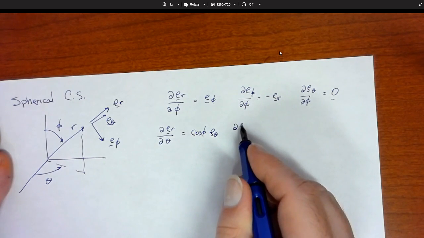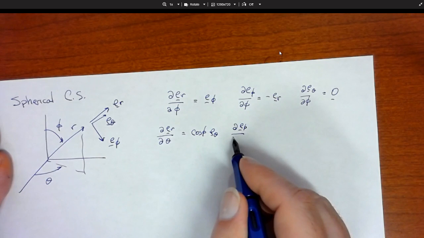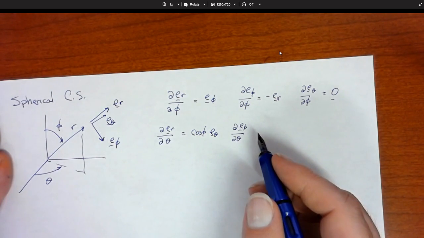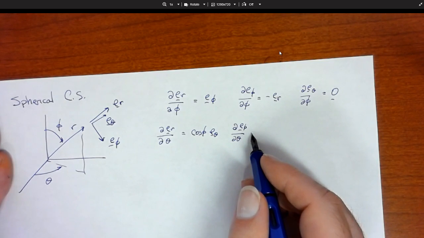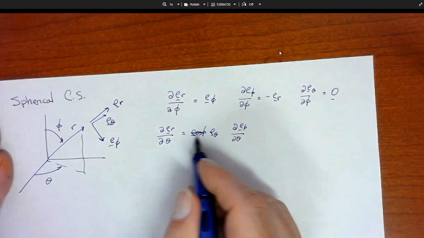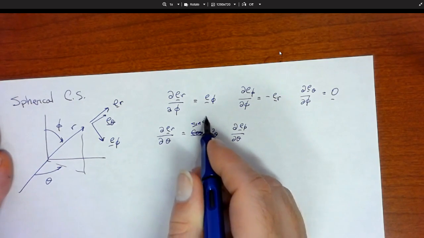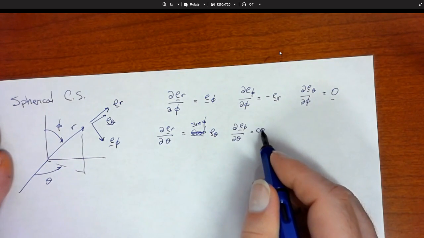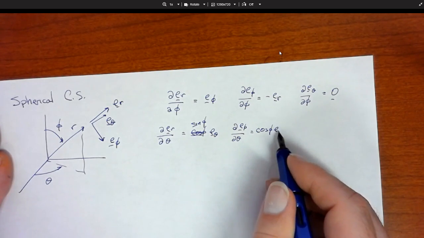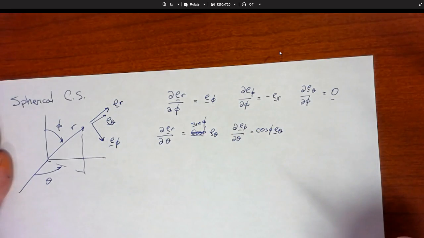Partial derivative of E phi when we change theta gives me, wait, what am I doing? Oh, this should be sine. Excuse me. This is cosine phi E theta. They're both in the E theta direction. One gives you a sine, one gives you a cosine component.